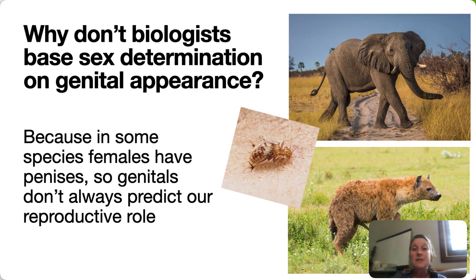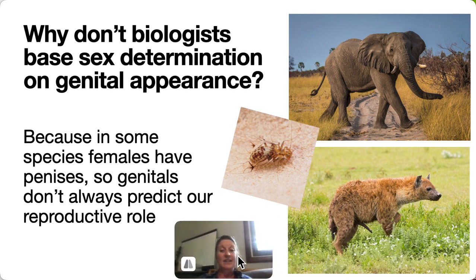Because in some species, the females have penises, so the genitals don't always predict our reproductive role. Female elephants often have a penile structure, so it may not be possible to identify the sex of the elephant just based on what you see hanging between their legs. Female hyenas have penises that they use for mounting and penetration just like the males do.